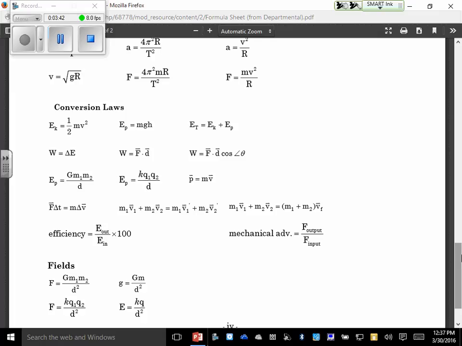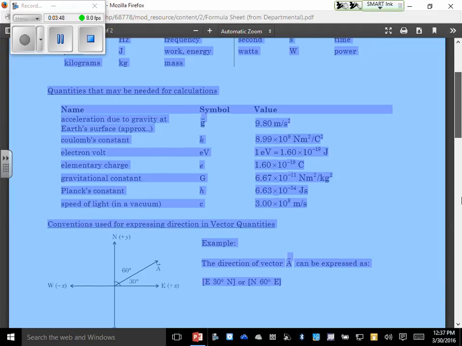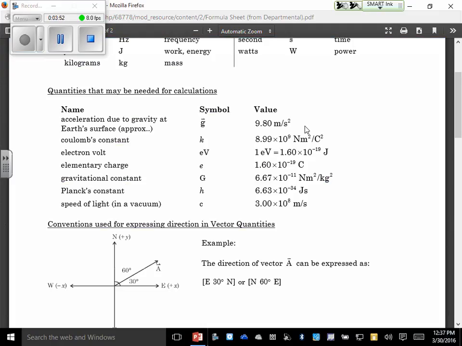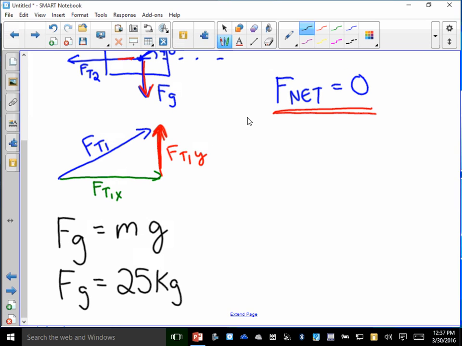Let's see if I can find it now that I said it was. I think I have to do it like this. Look at this. Acceleration due to gravity is 9.8 meters per second squared. It is in the downward direction, so we're going to put that as negative.